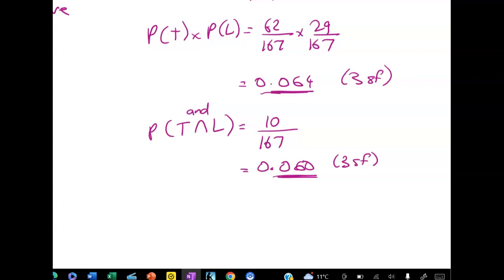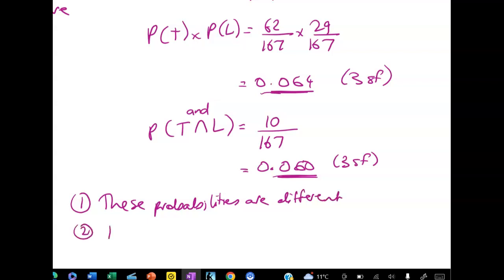I don't particularly like this exam question. I think that they've made it that those numbers are pretty close together. But I would still say here that these probabilities, so the first thing I'd say, are different.